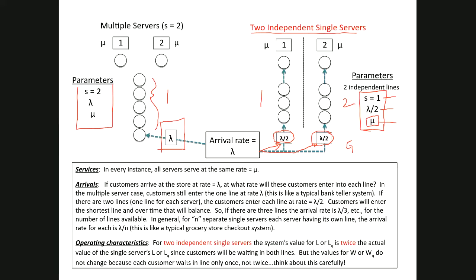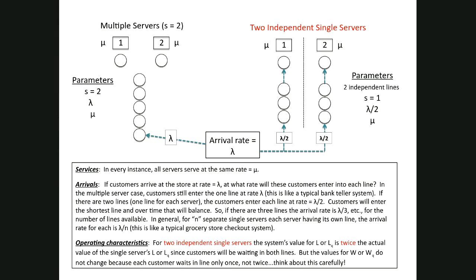Now, let's think for a minute. What would happen if we had 3 of these? Again, we had 3 in our grocery store, or if we had 4 lines open.